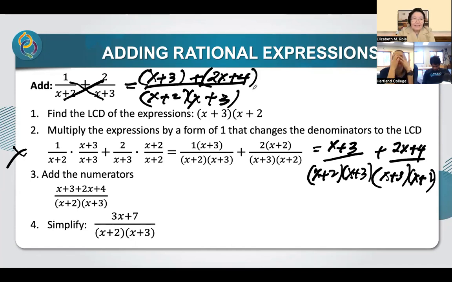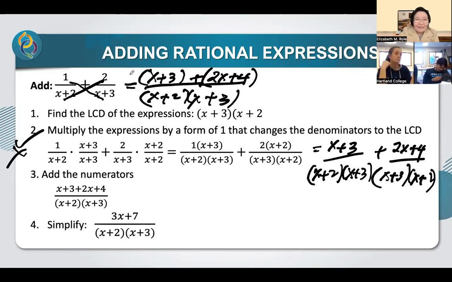But I just showed this because I want to show the reason why we are able to do that, because we are actually multiplying by a 1: x plus 3 over x plus 3 and x plus 2 over x plus 2. So you can just do it directly, especially if your problem is as simple as that, where the denominators have nothing in common and they are totally different, so that the least common denominator will be the product of the two.